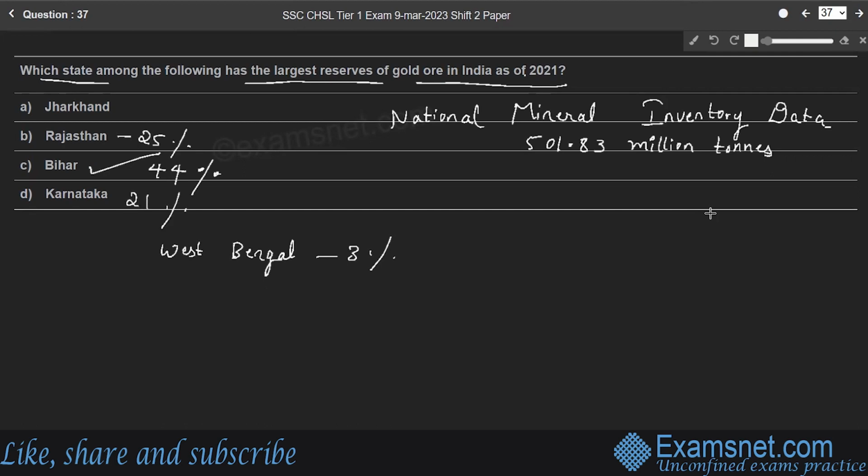West Bengal is 3%, Andhra Pradesh 3%, Jharkhand 2%. The remaining 2% of ore resources are located in Chhattisgarh, Madhya Pradesh, Kerala, Maharashtra, and Tamil Nadu. The cost of extraction of any mineral, including gold, varies from mine to mine. So the answer is Bihar state, which has the largest resource of gold ore in India.